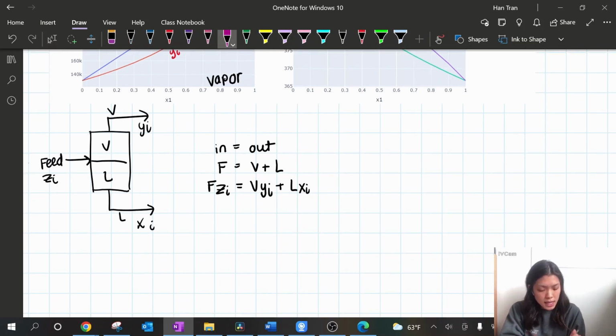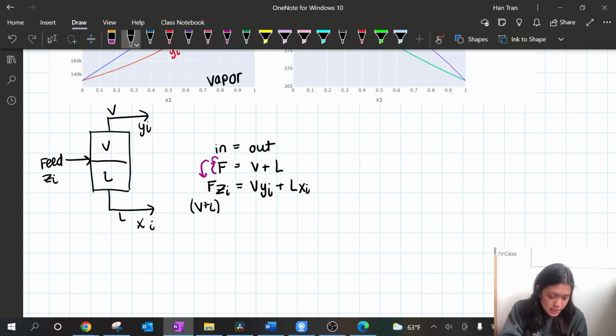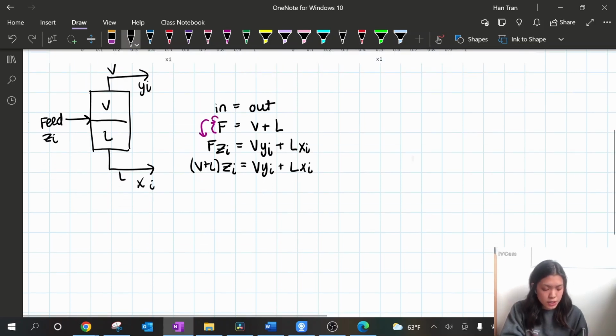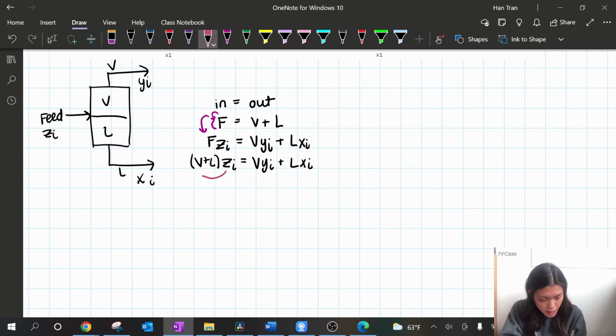If we take the mass balance equation and plug it in for the feed, we get the vapor plus the liquid times the feed mole fraction is equal to the vapor times the vapor mole fraction plus the liquid times the liquid mole fraction. If we distribute out the feed mole fraction, we get the vapor times the feed mole fraction plus the liquid times the feed mole fraction equals the vapor times the vapor mole fraction plus the liquid times the liquid mole fraction.